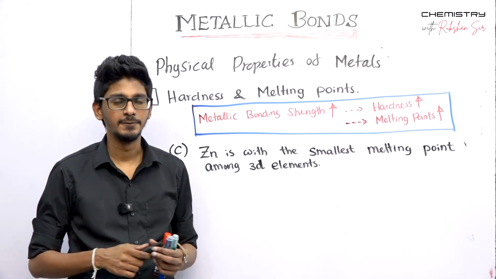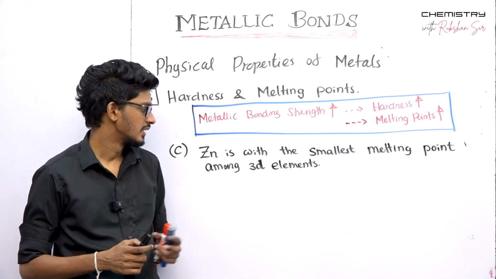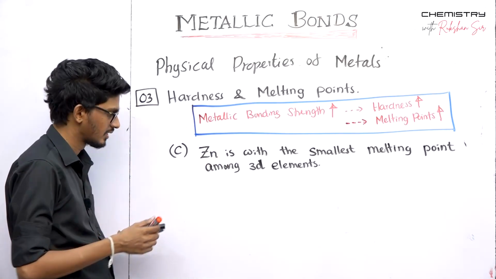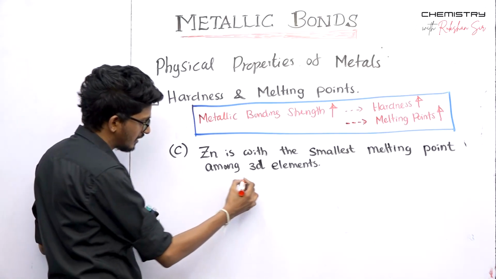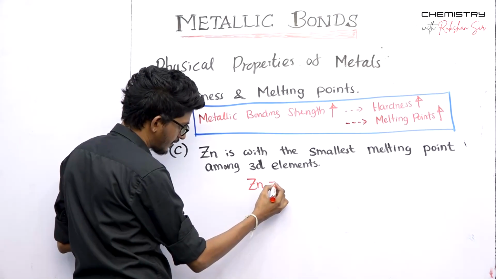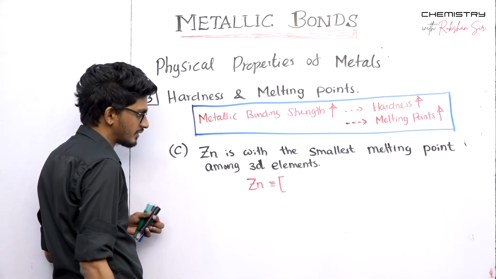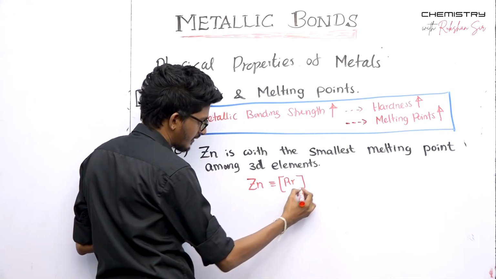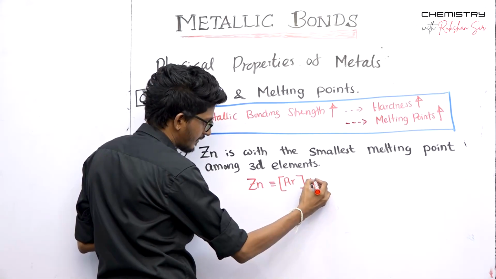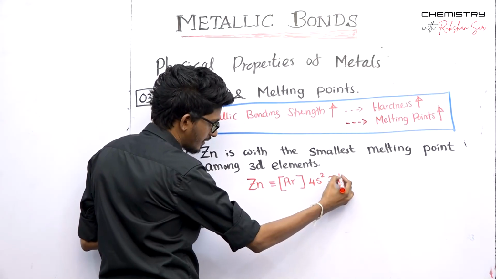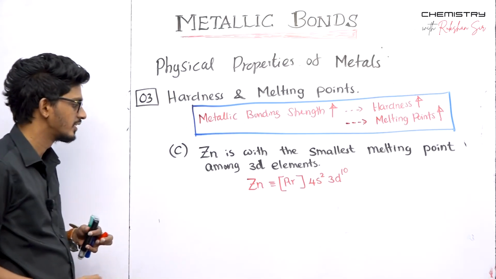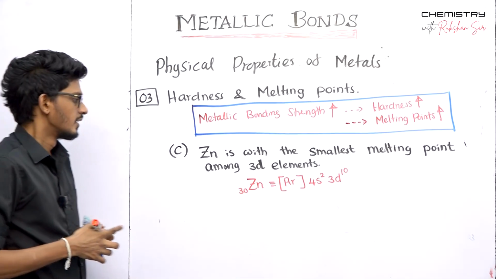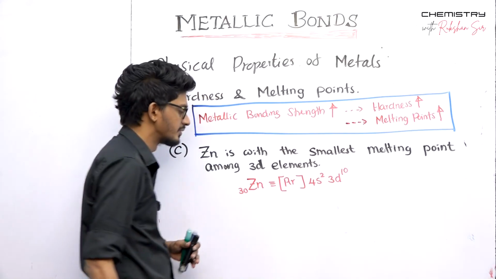Let's discuss the reasons for this. Zinc has the smallest melting point among 3d elements. The reason is this. When it comes to zinc, its configuration is argon 4s2 3d10. Zinc is your 30th element. So it is a stable configuration.